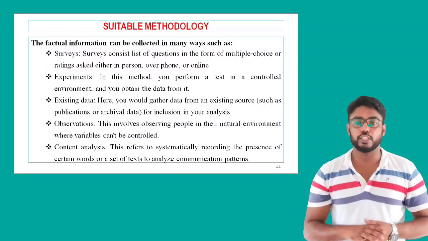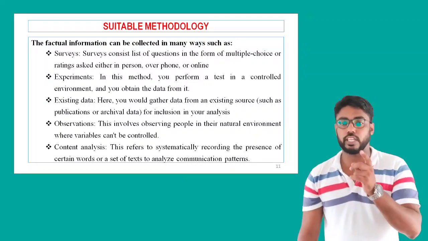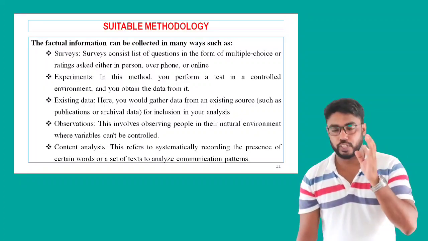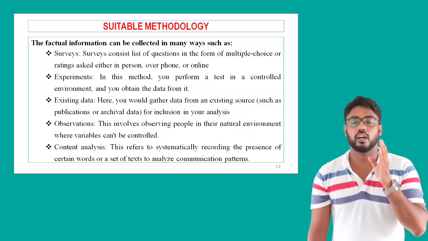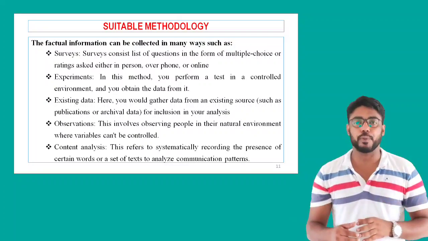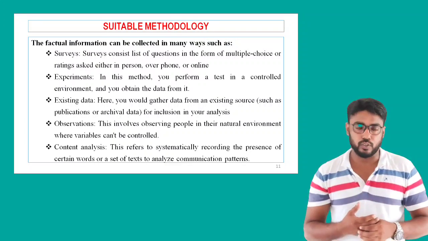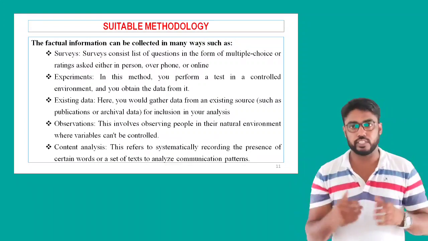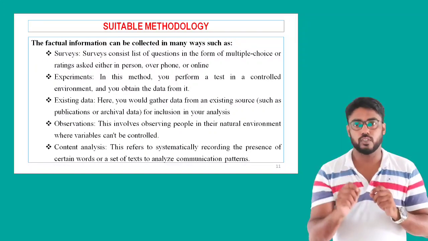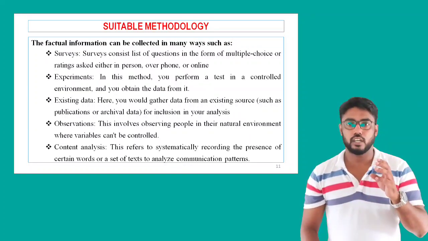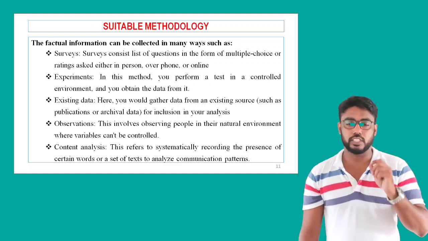In an experiment, you perform a test in a controlled environment and obtain data from it. For example, you can take a group of people and do a glucose analysis, glucose estimation. You will get data, which will be a number. Third, you can get information from existing data.